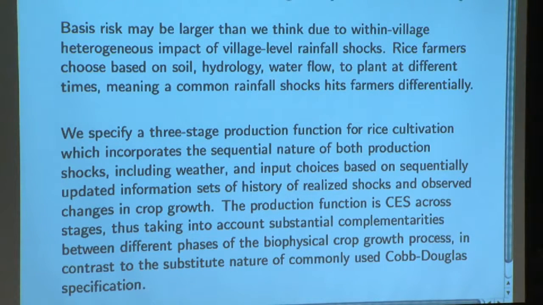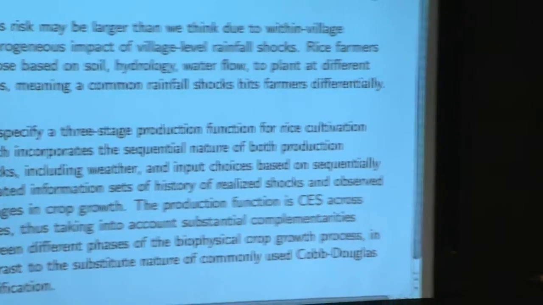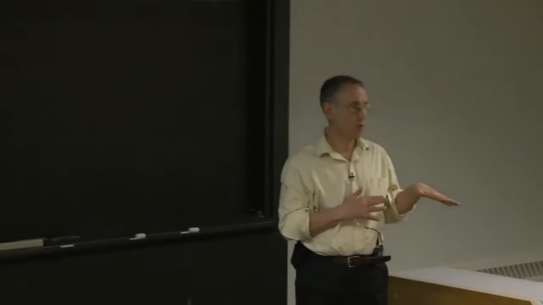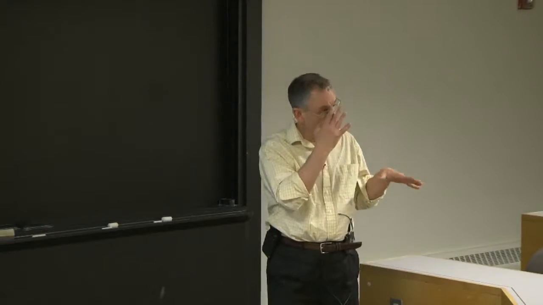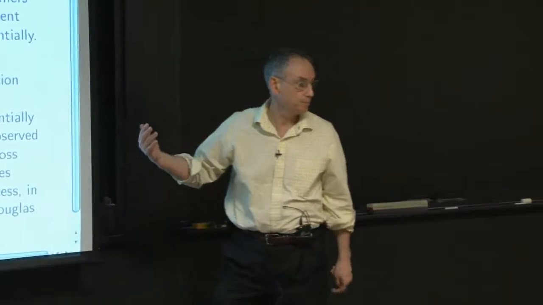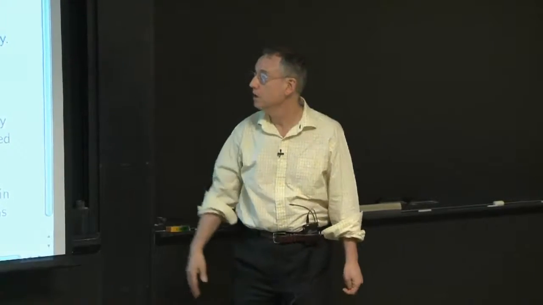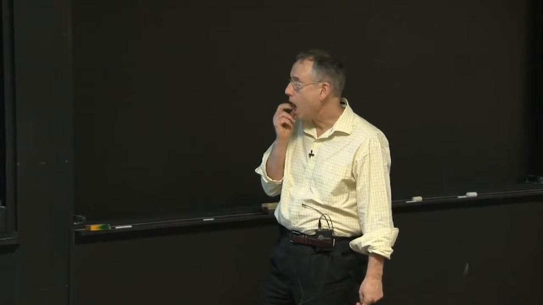It's going to turn out that things are more complicated than that within the village. The soil is different, the hydrology and water flow are different. They actually plant at different times. So a common rainfall shock, even if it is actually common and shows up in all the rain gauges, which we have, still has differential impact on the households, especially depending on when they plant, which is in turn a function of soil and so on.